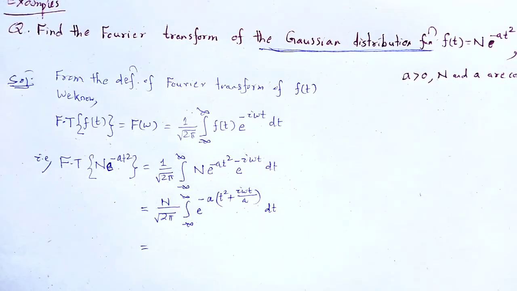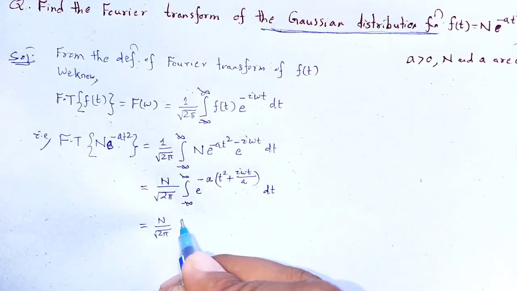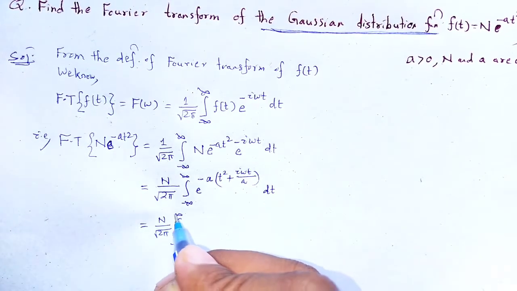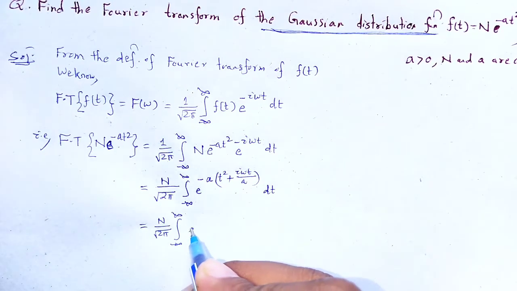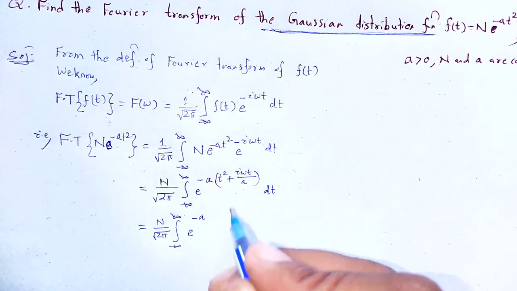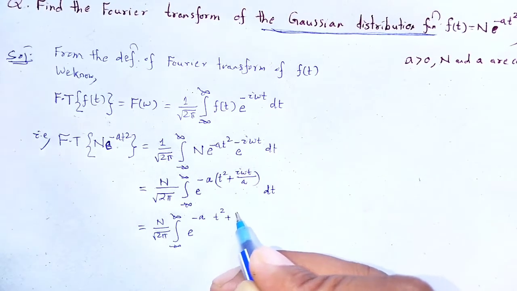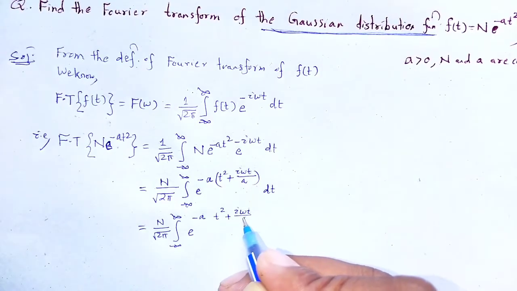which is equal to n divided by under root of 2 pi integration over minus infinity to plus infinity e to the power minus a. Here I add and subtract a term, that is t square plus I omega t by a.